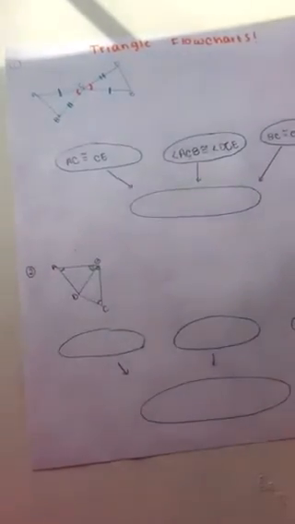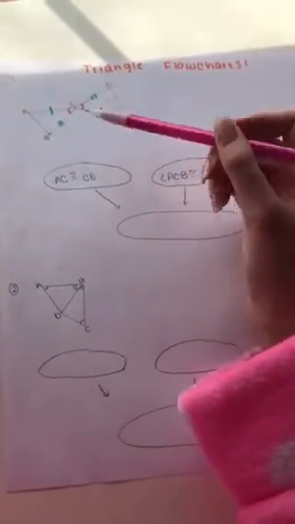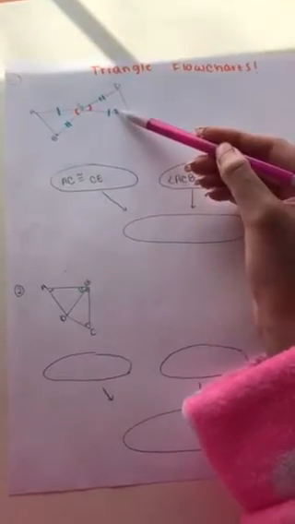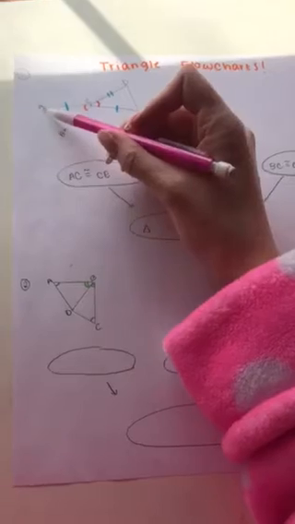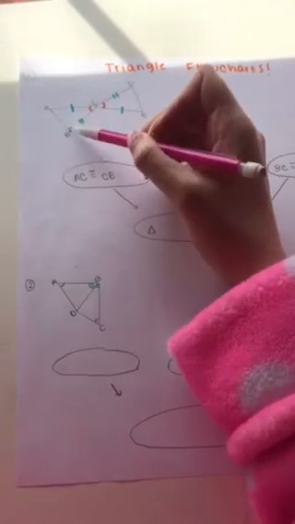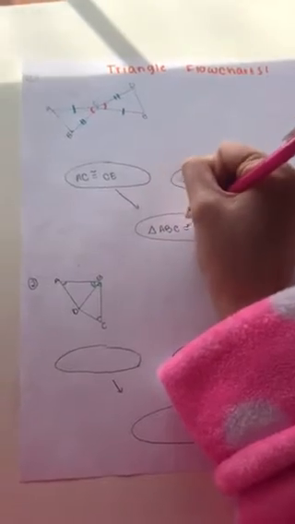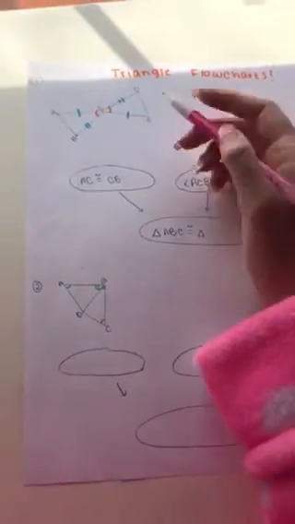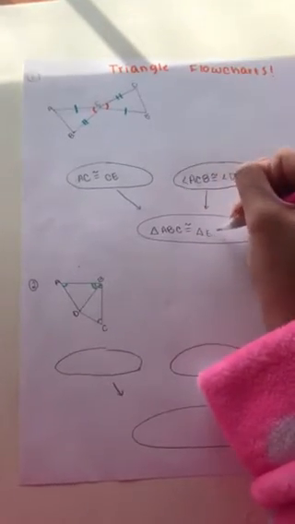And now we can go ahead and name these two triangles. And remember, however you name the first one, you want to follow that pattern for the second one. So I'm going to name the first one triangle ABC. And if we follow that same pattern for this triangle, we would name it ECD.